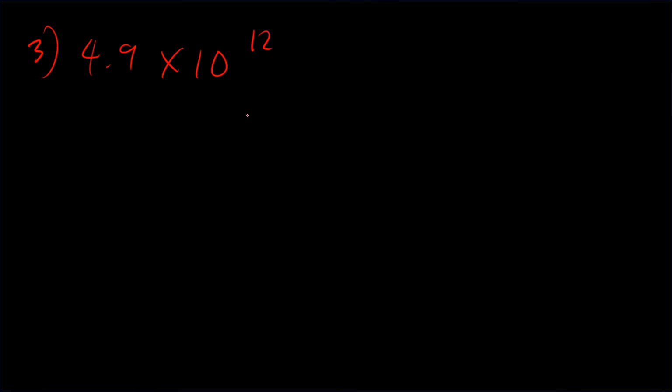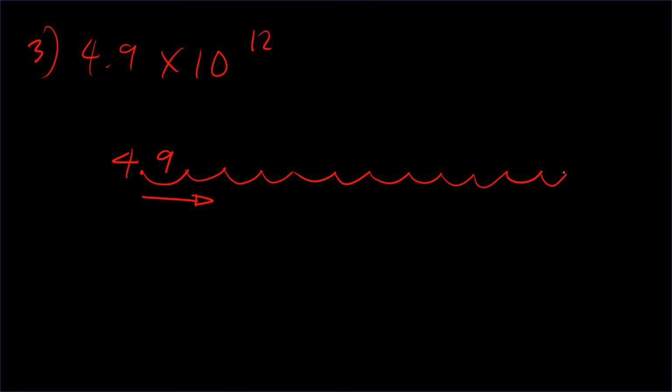So, if we write this down back to its original value, from 4.9, we need to move this decimal 12 times to the right, kasi positive yung exponent natin dito. So, move natin. 1, 2, 3, 4, 5, 6, 7, 8, 9, 10, 11, and 12. So, andito yung decimal place natin. Lagay na natin yung mga zeros.